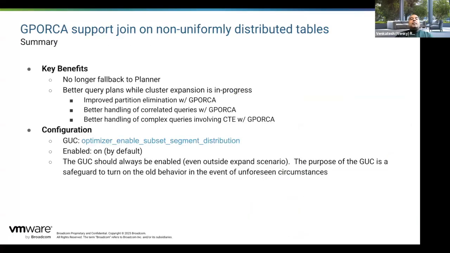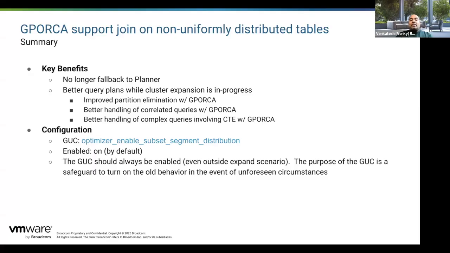All right. So the key benefits of this feature is we no longer fall back to Planner. We get all of the benefits of partition elimination and correlation handling. It is currently turned on by default because it's a feature complete feature, unlike lateral join, because we are constantly iterating on adding more features to it.